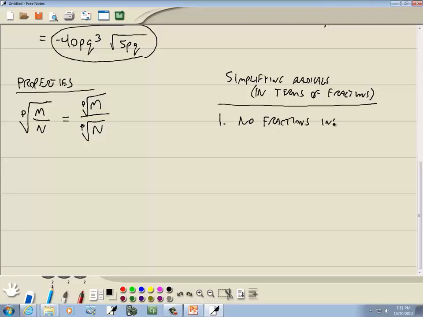And second thing is no radicals in the denominator. So when working in problems, we want to keep that in mind.